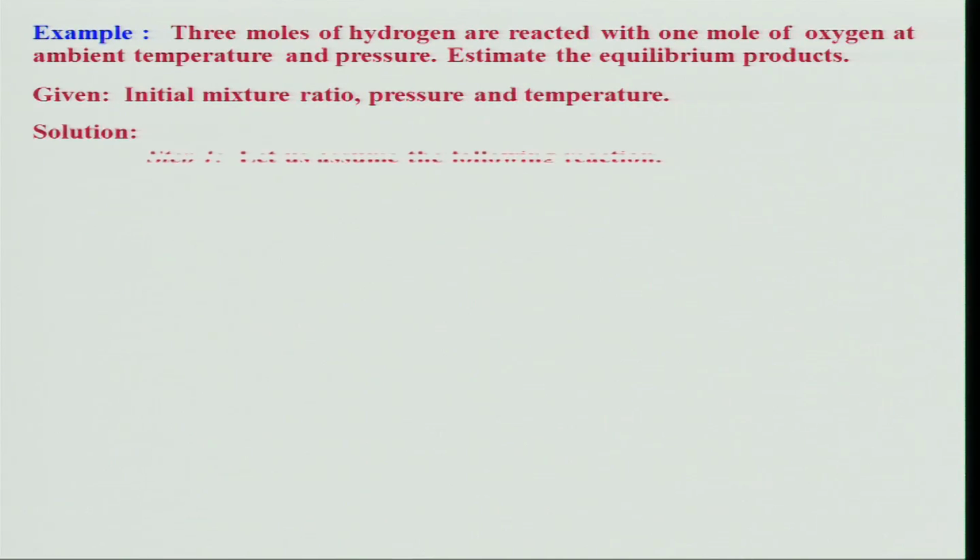So what will I have to do? I will first have to assume a certain reaction. For example, I can write 3 moles of hydrogen, 3H2, reacting with 1 mole of oxygen, O2. What products can I think of?